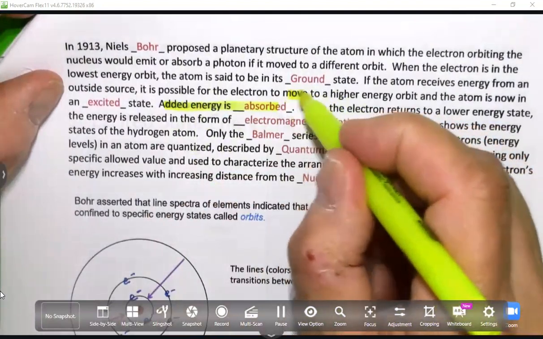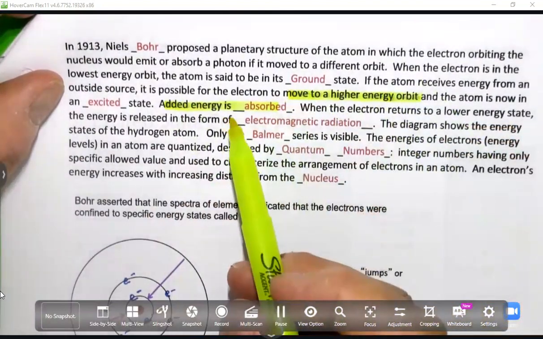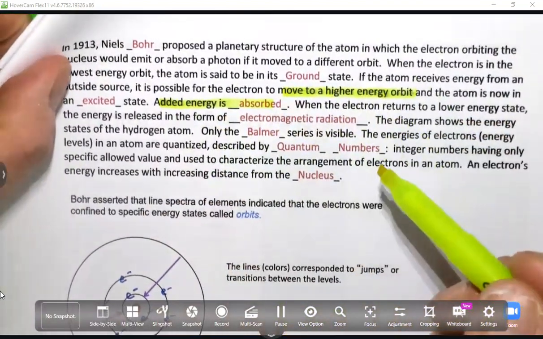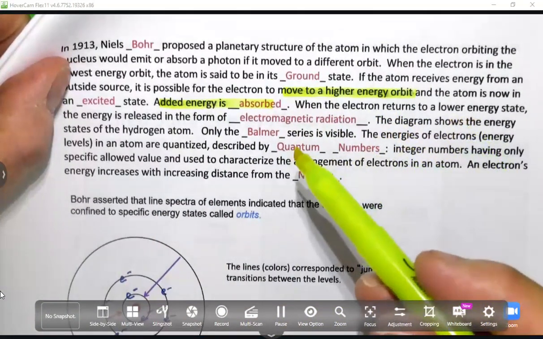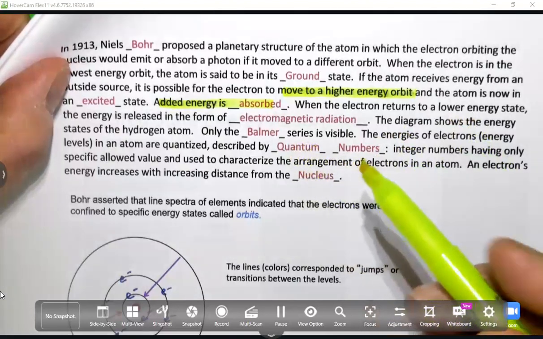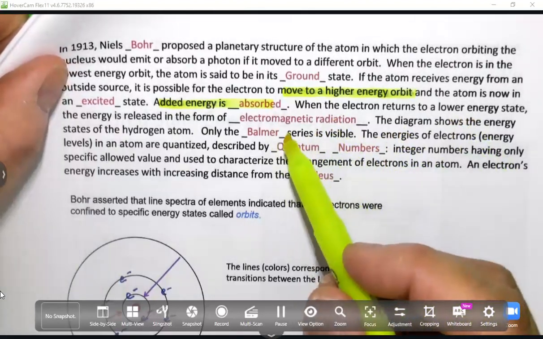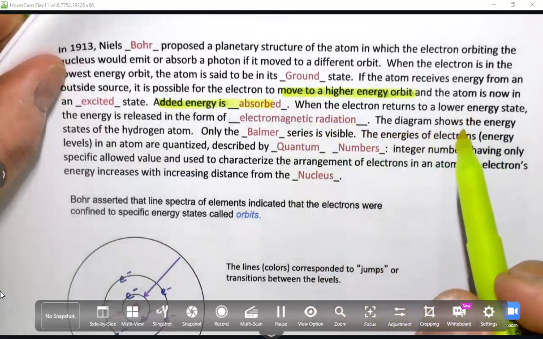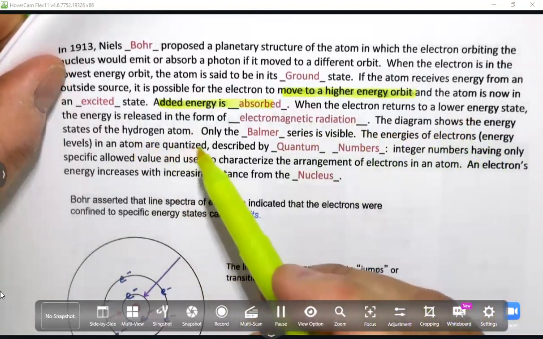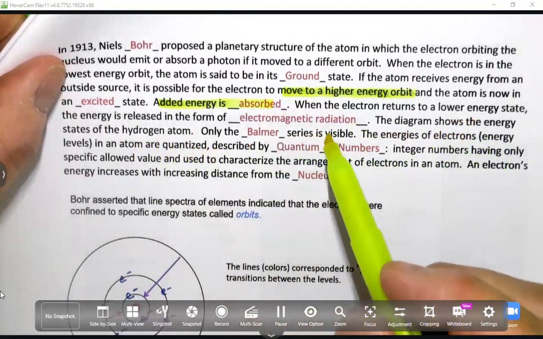It's going to move to a higher energy orbit. When the electron returns to a lower energy state, energy is released in the form of electromagnetic radiation. The diagram shows the energy states of the hydrogen atom. Only the Balmer series is visible.